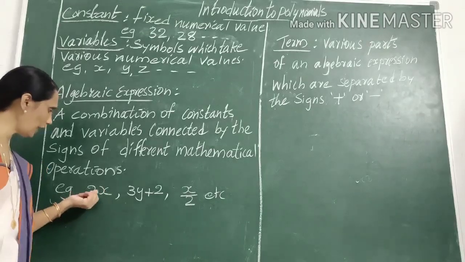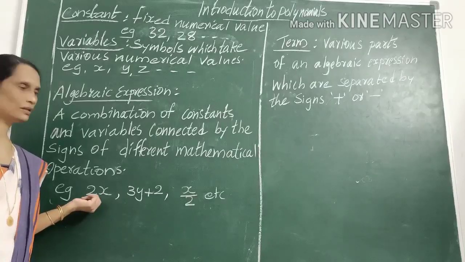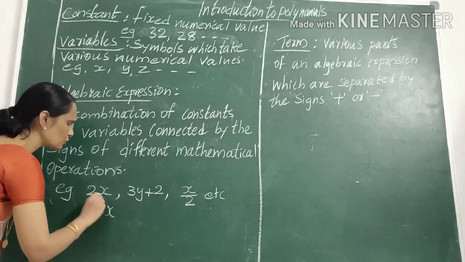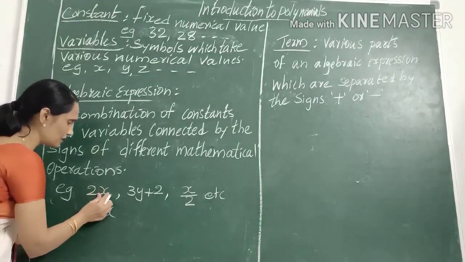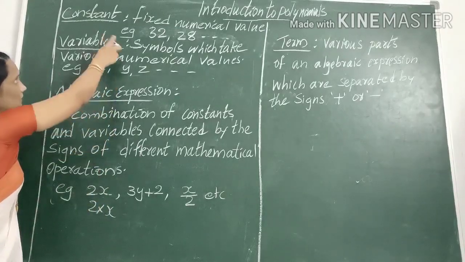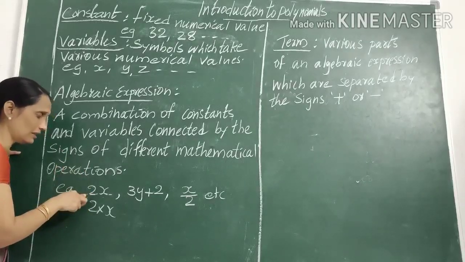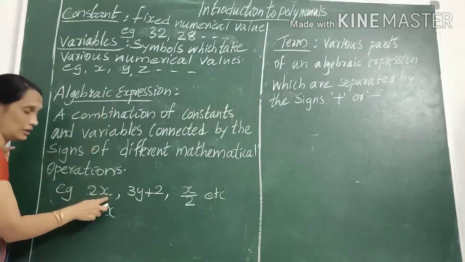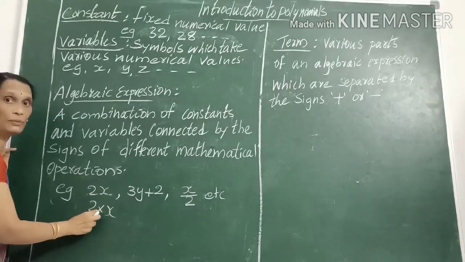Here 2 and x are connected by the multiplication symbol, 2 into x. 2 into x we will write as 2x, right? Actually 2 is a constant. We learned that the fixed numerical value is called the constant. So that constant number and the variable are joined by the multiplication sign.